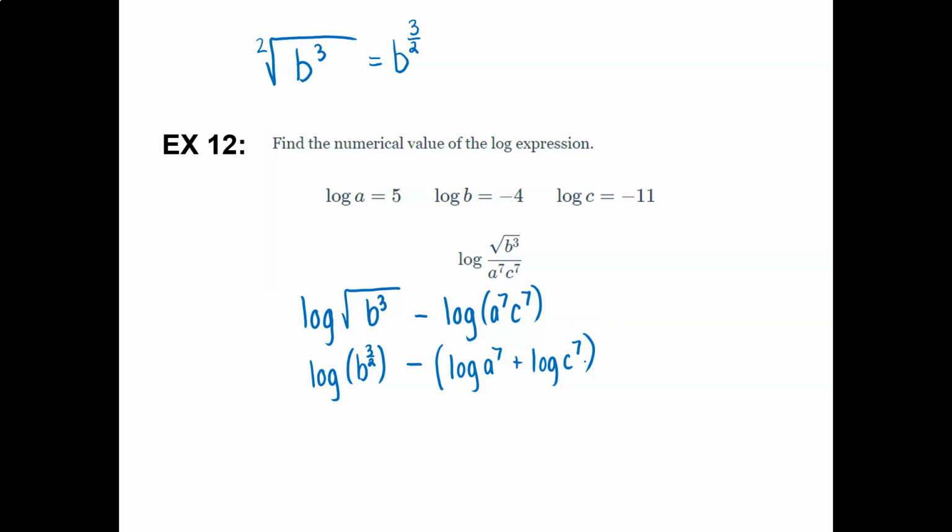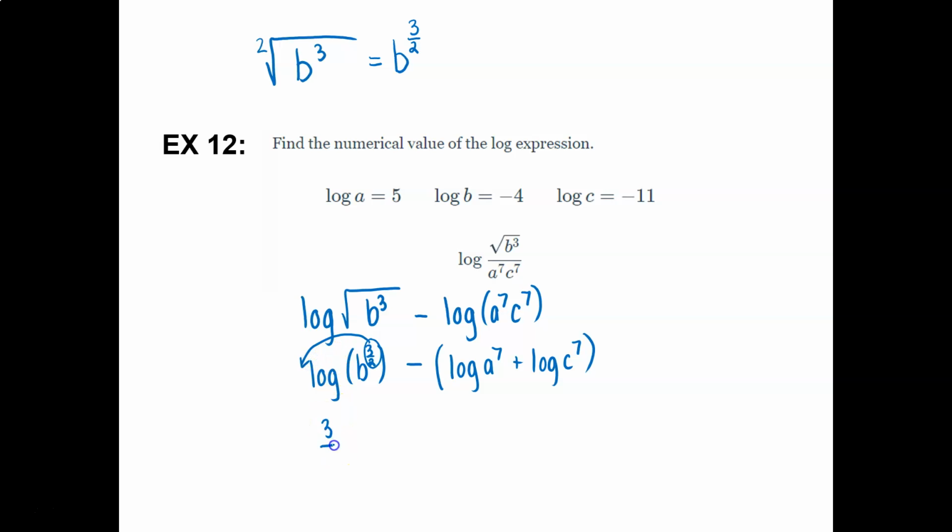You've got to have those parentheses because this minus sign applies to both of these. So you're either going to need the parentheses or you've got to distribute that negative to both of them there. And so now, last thing, our exponents can go out front.